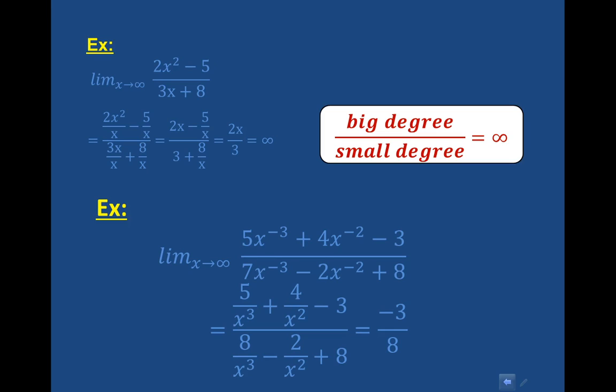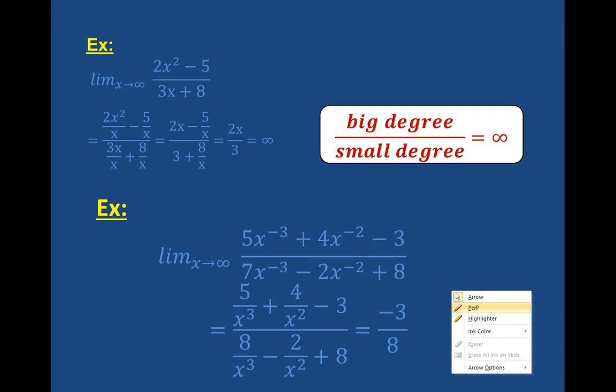So 5x^-3 can be written as 5 over x^3. Then 5 over x^3 plus 4 over x^2 minus 3 over 7 over x^3 minus 2 over x^2 plus 8. Here is 7 as written in the problem.